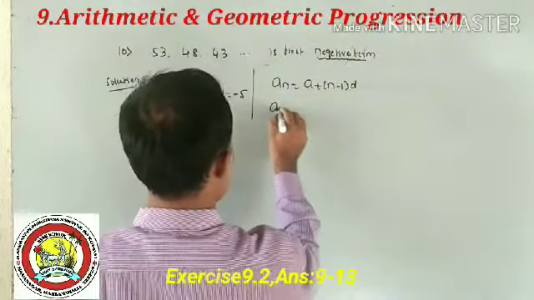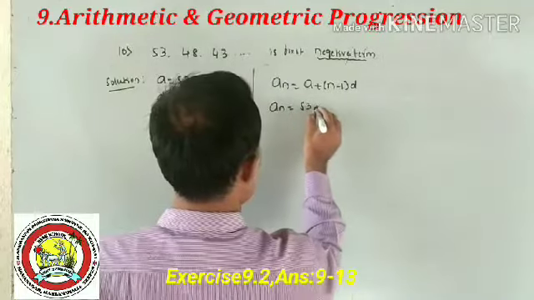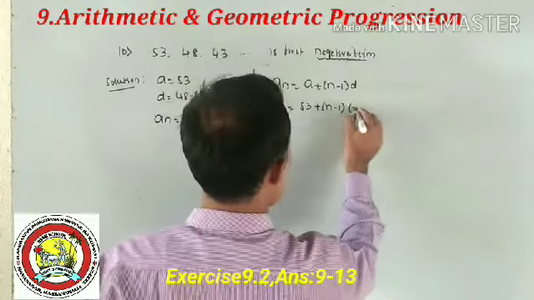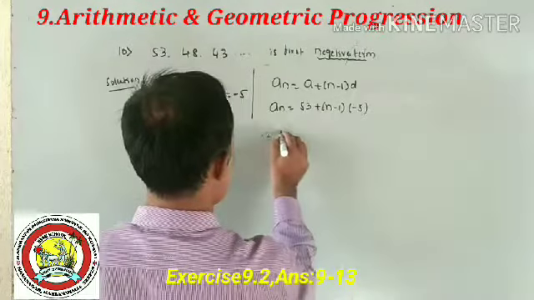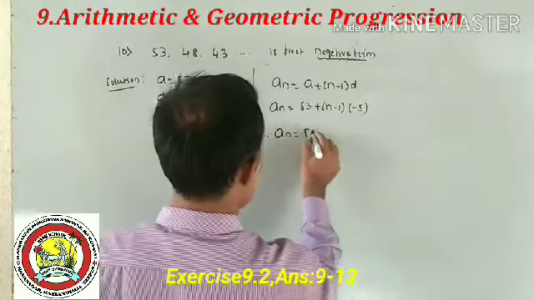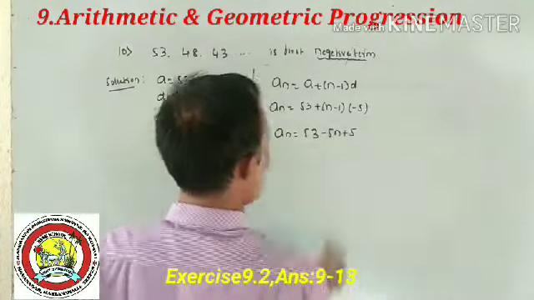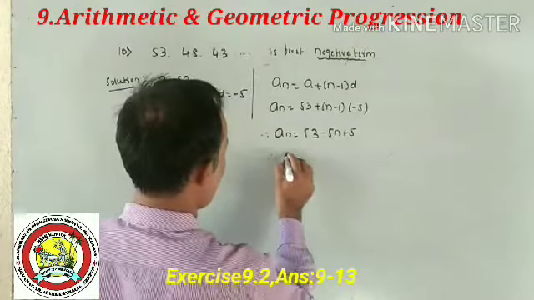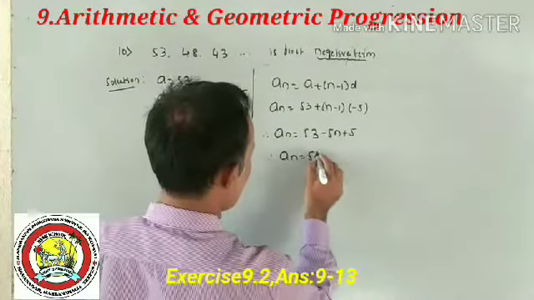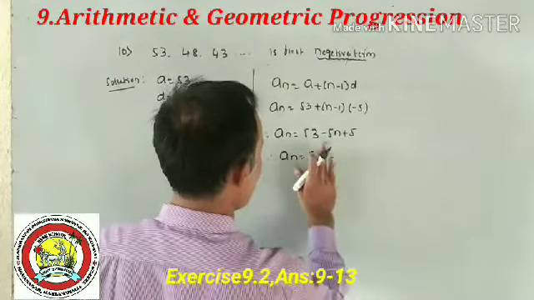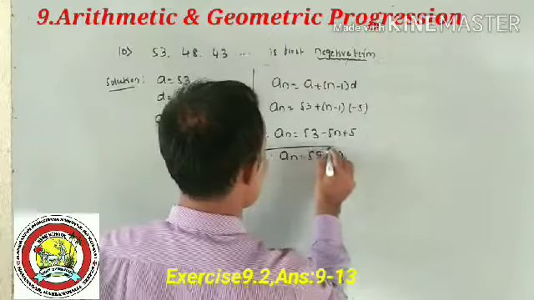So a n is equal to 53 plus (n minus 1) into minus 5. Therefore, a n is equal to 53 minus 5n, minus into minus, plus 5. Therefore, a n is equal to 53 plus 5, that is 58, minus 5n. That's now very important.